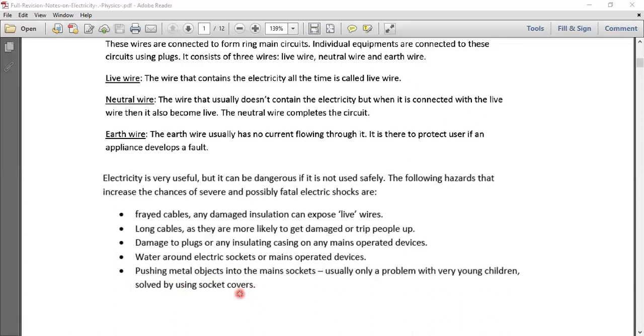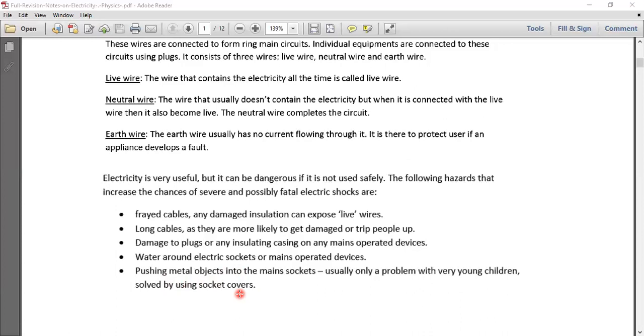Usually underage children, who might not have developed the mental skills, might put metal pins in the socket while playing. This can create a severe shock, because metals are very good conductors of electricity. If any metal pin or object is put into the mains socket, it will conduct electricity, and this might harm the children playing with it.